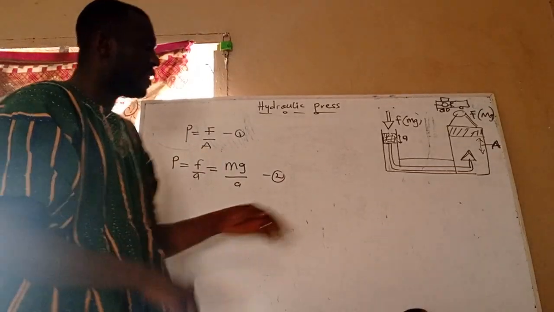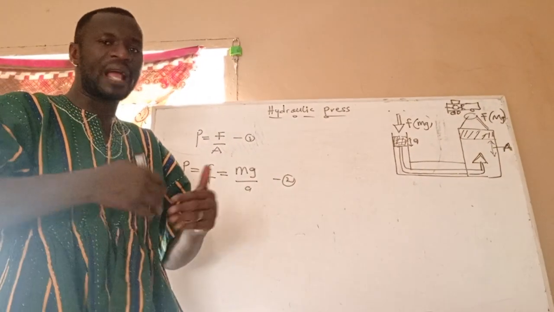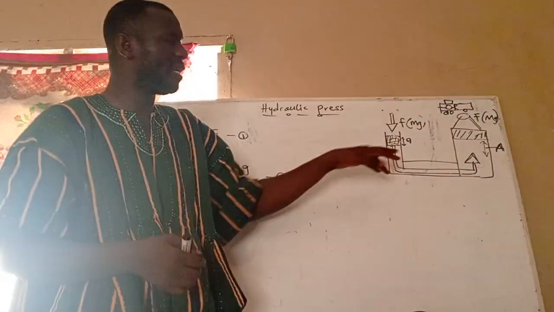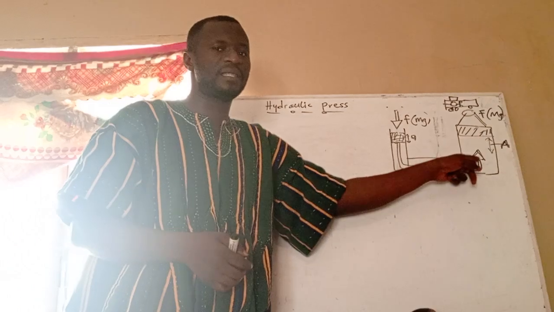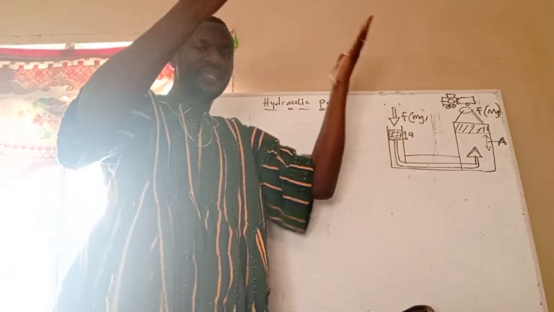Now, let's come to the second, or main, master cylinder, where high force is applied. Because when the fluid moves into the cylinder, it will generate a high force within the pistons, which will cause the object or the car to be raised.